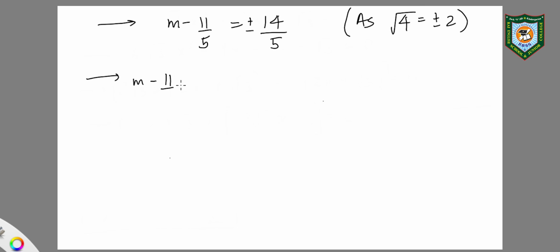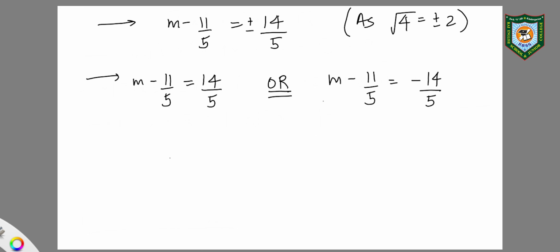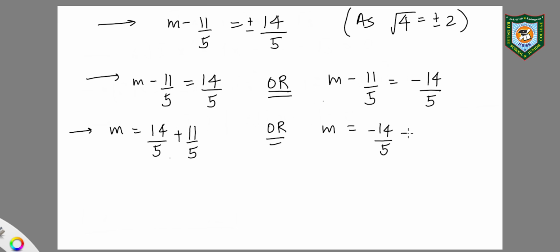So once I get this, I have two solutions. m minus 11 by 5 is equal to 14 by 5, or m minus 11 by 5 is equal to minus 14 divided by 5. Now I'll be solving these separately. So m is equal to 14 by 5 plus 11 by 5, or m is equal to minus 14 by 5 plus 11 by 5.